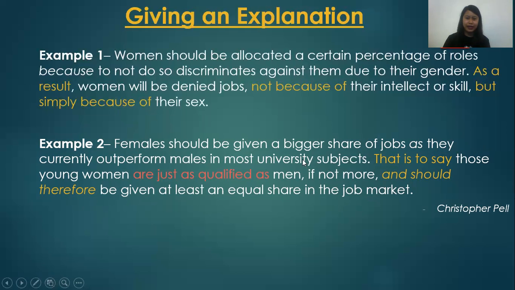So it explains what we mean by female outperforming males. And that means that women are also qualified like men. And what happens? What's the result of that? They should be given an equal share in the job market. So it's a combination of explaining and giving the results.